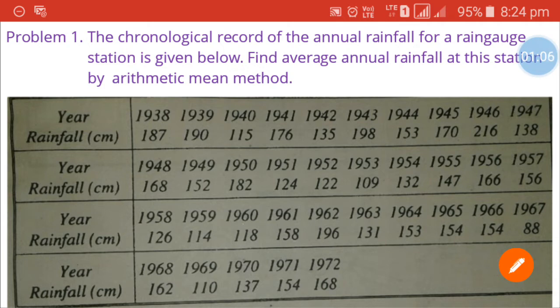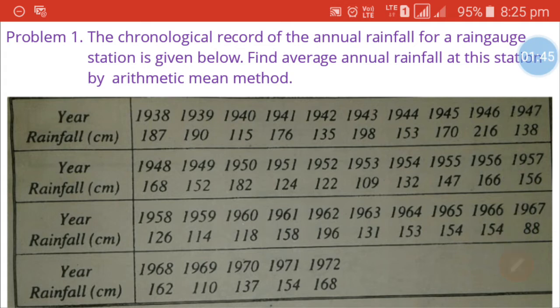If you look at this data, you will find that the rainfall data, that is precipitation measured in centimeter, is given for a number of years. The first one is for 1938 and the last one is for 1972. If we count the number of years, we will find that the rainfall data for a period of about 35 years is given here.